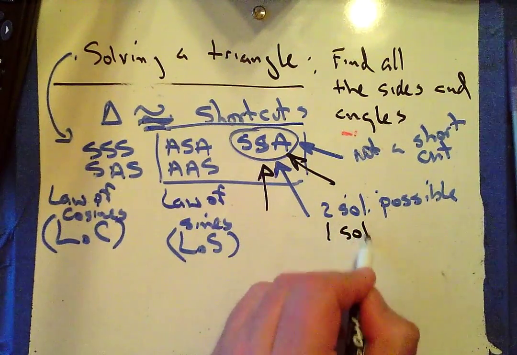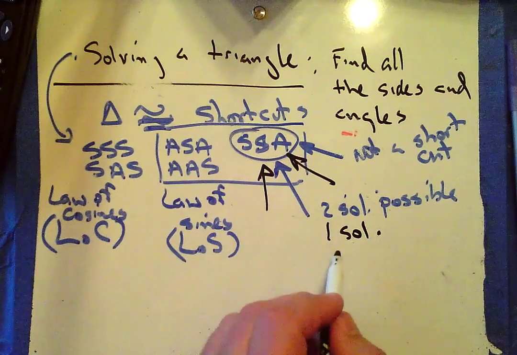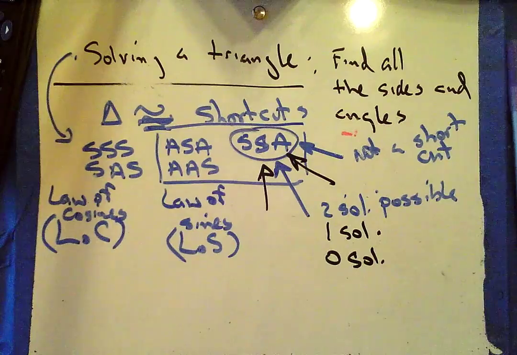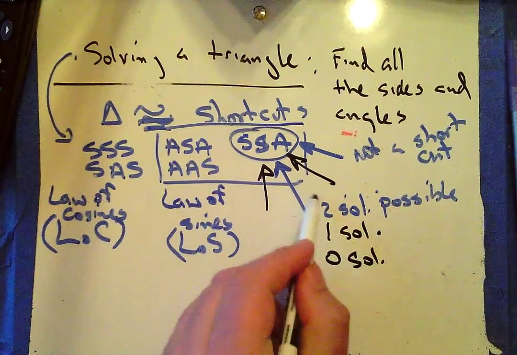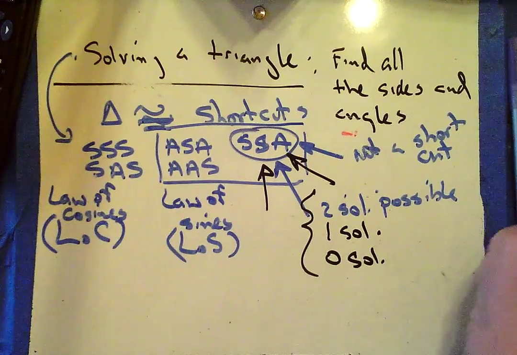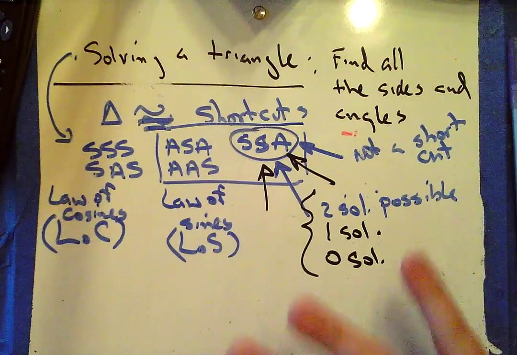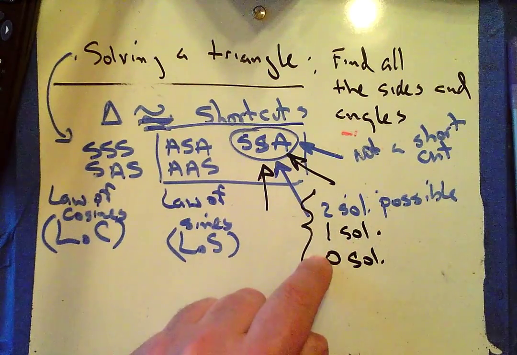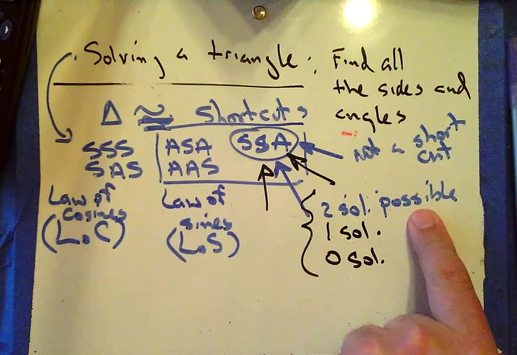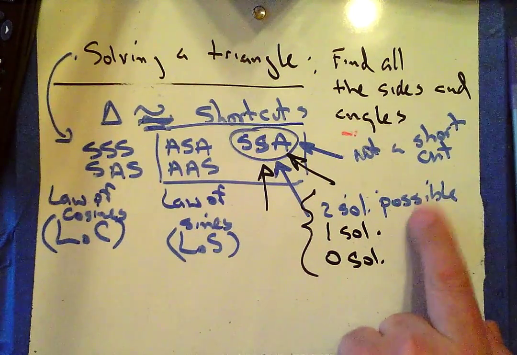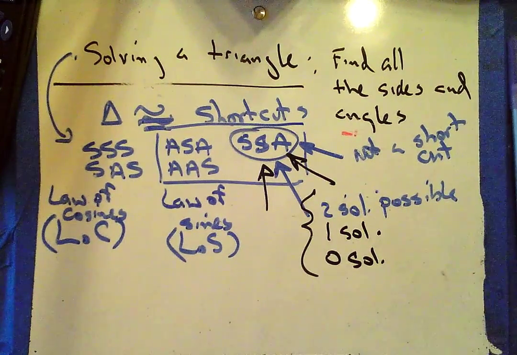One solution is possible, and we could also get no solutions. That's what we're going to look at today: finding situations with each of these types of solutions. We'll do two of these and one of these, and then at the end we'll do two of these, and then we'll start our next session by doing more of these.